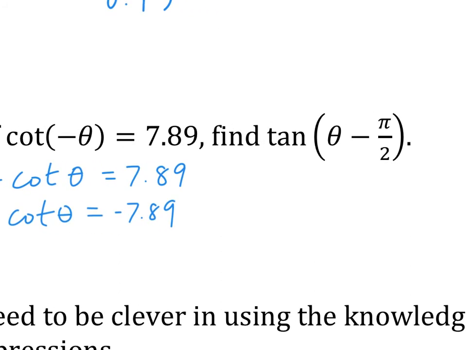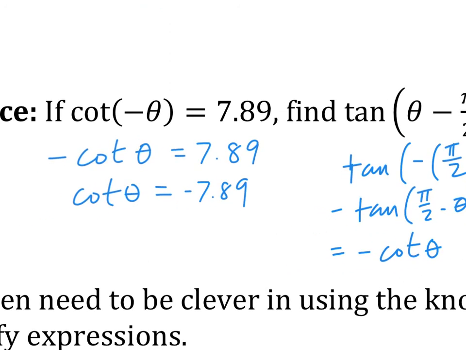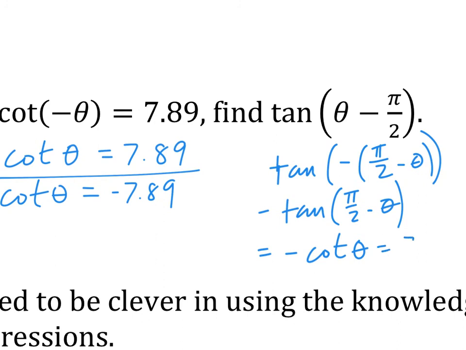Now we want to find tangent of this, which is close to a cofunction but not quite. So we take the negative out so we can switch the order. Tangent is odd too, so you take the negative out: negative tangent of pi over 2 minus theta, which equals negative cotangent theta. Negative cotangent is 7.89, so that is just 7.89.